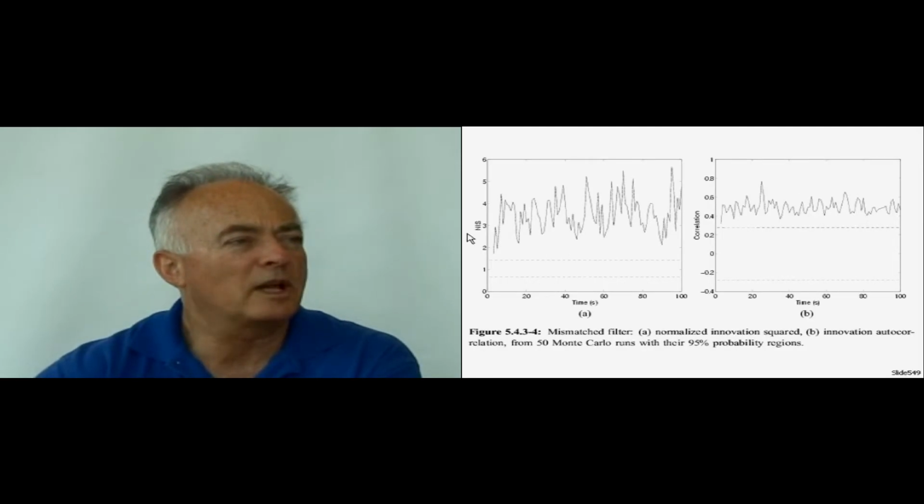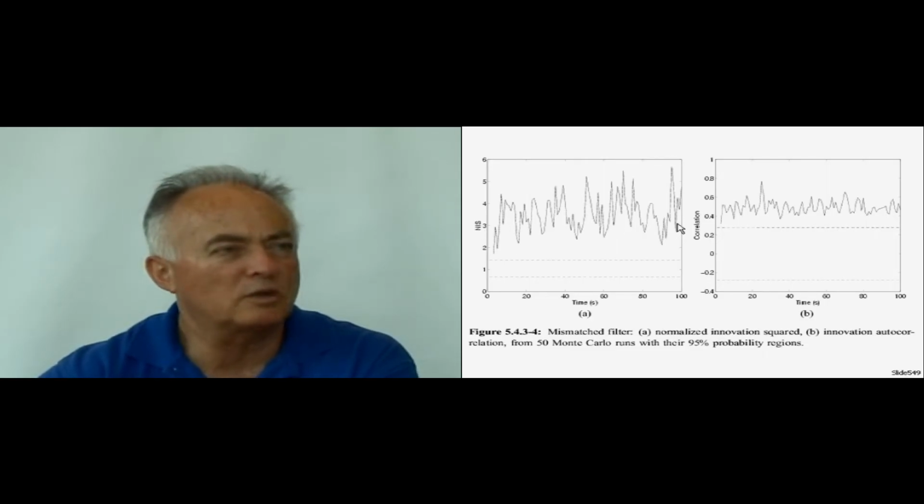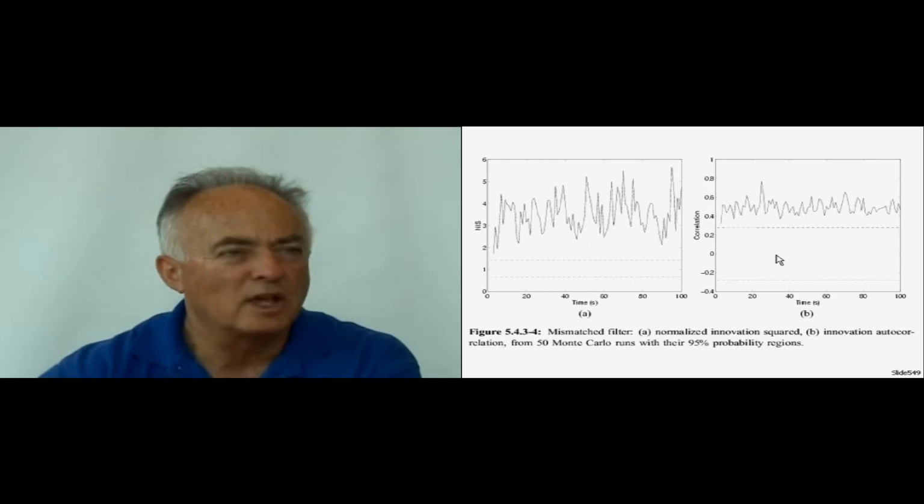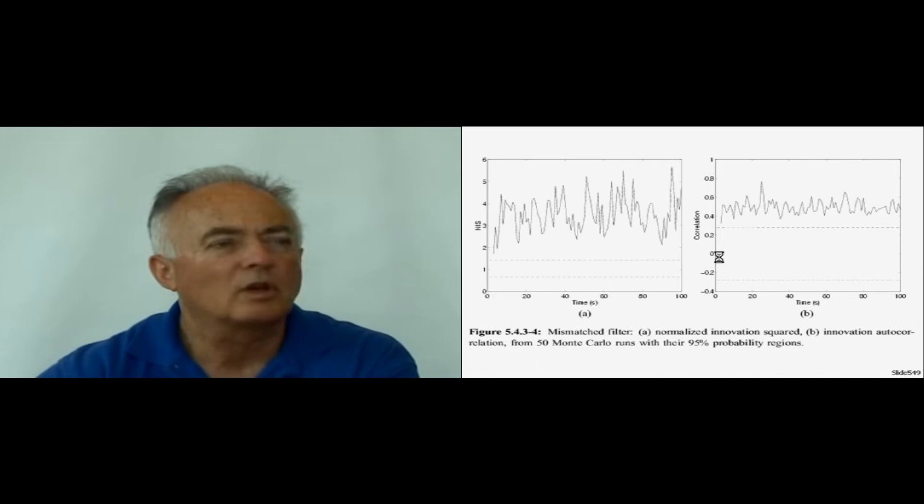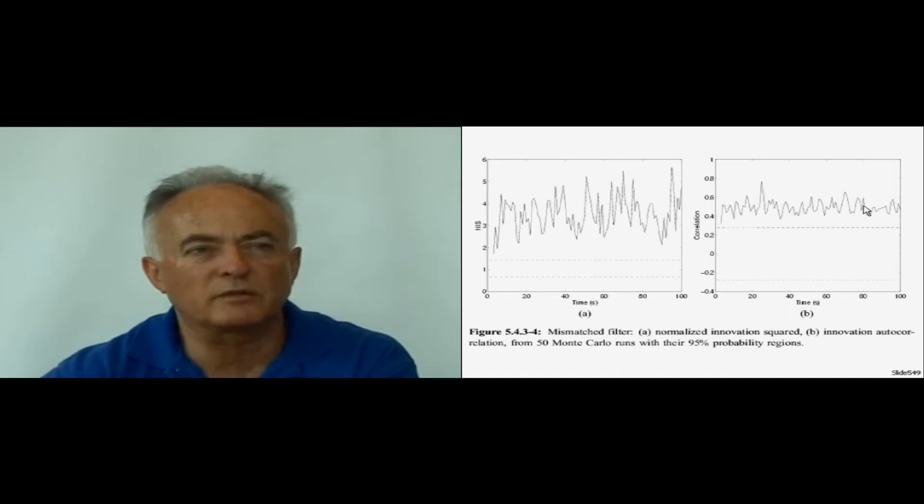This is the normalized innovation squared, already from 50 runs. It should be around 1. They're all outside. And look at the correlation between successive innovations, which should be 0. It's more like 0.5.